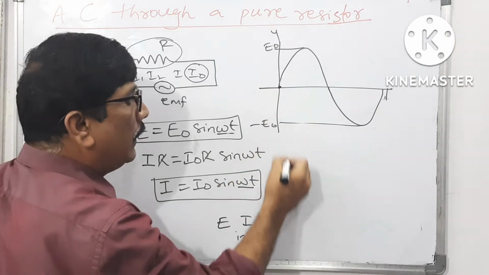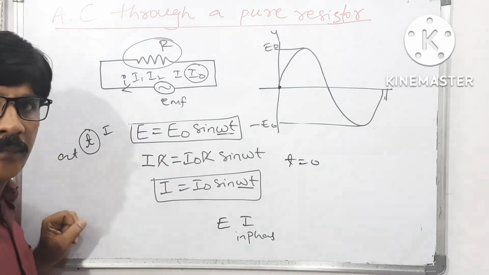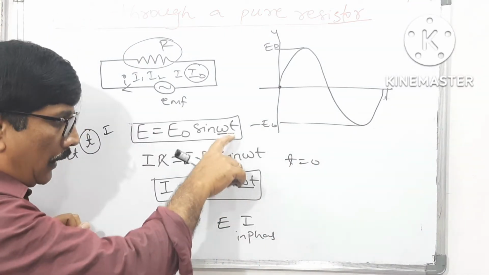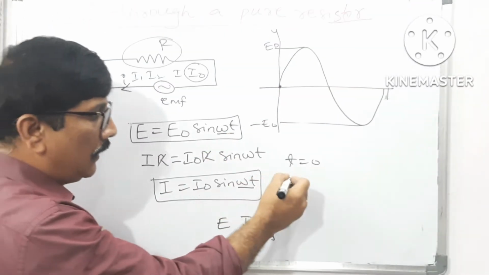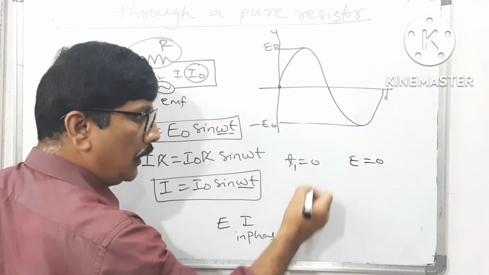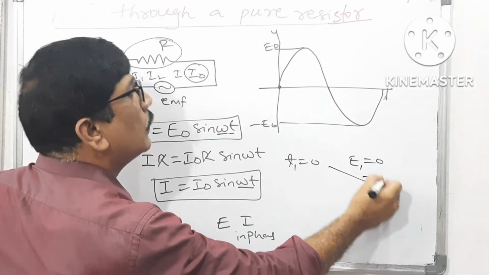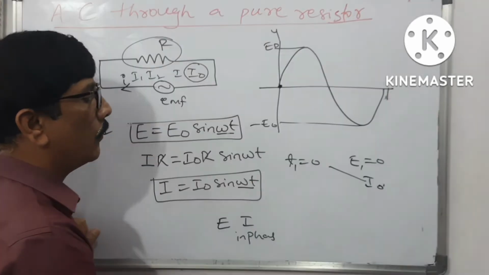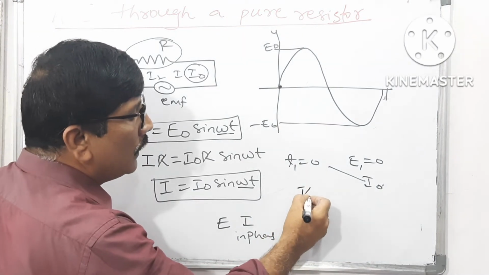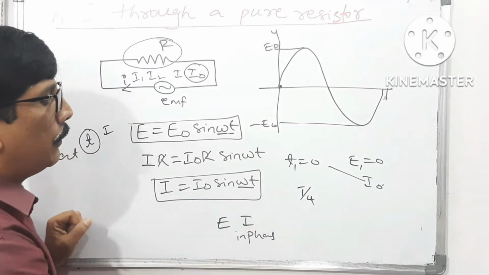For example, at t equal to 0, the EMF is 0, and at the same time the current is also 0. That means both start here. This total time taken to complete one cycle is the time period.